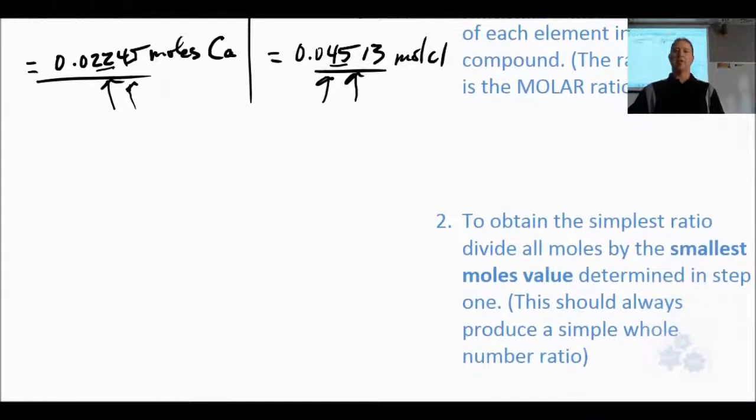So step 2, to obtain the simplest molar ratio between all those elements, you divide all the moles that you have, in this case 2 values, by the smallest mole value that you determined in step 1. And this should always produce a simple whole number ratio. If the masses are accurate, it should be very, very close to whole numbers.